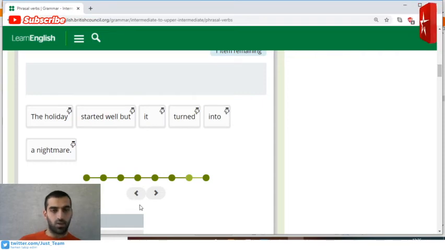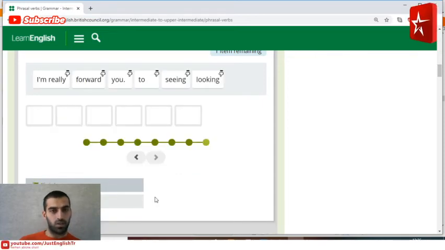Okay, so let's continue with the last sentence. I'm really forward you to seeing looking. So here, what should we do? Okay, how can we make the sentence?